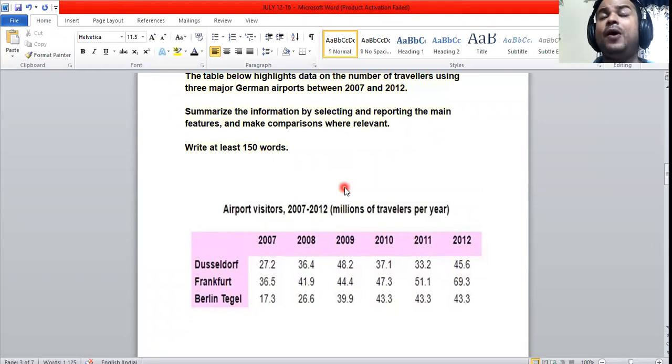So now I have to frame a clear cut overview for this particular table. So let's see the introduction of this particular task. Let's go with that.